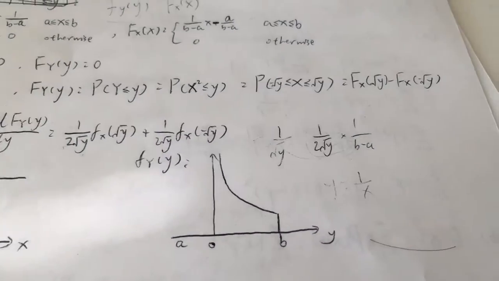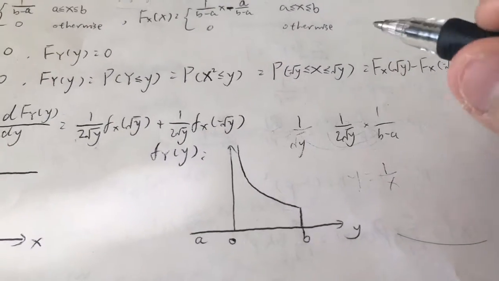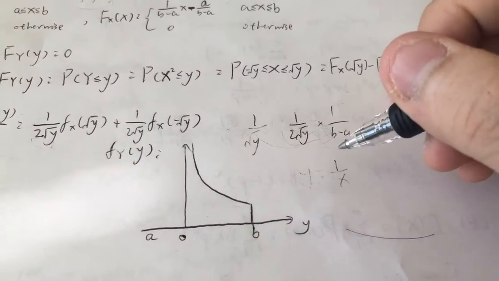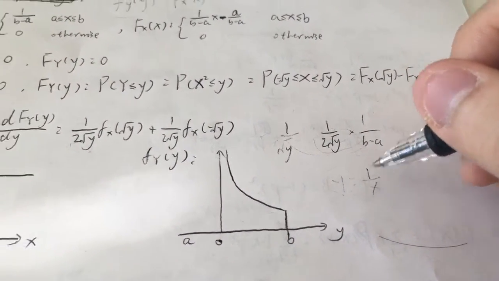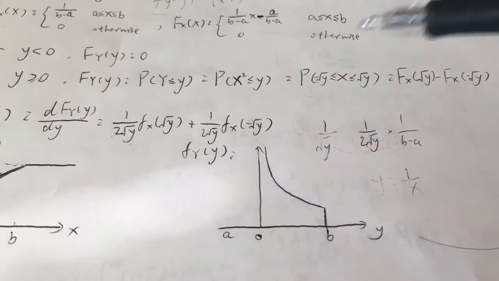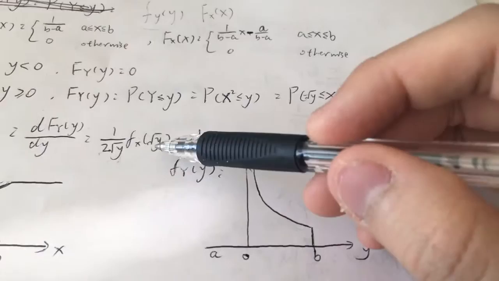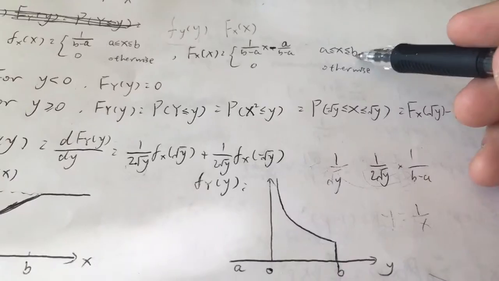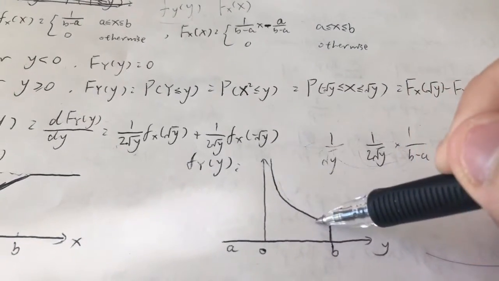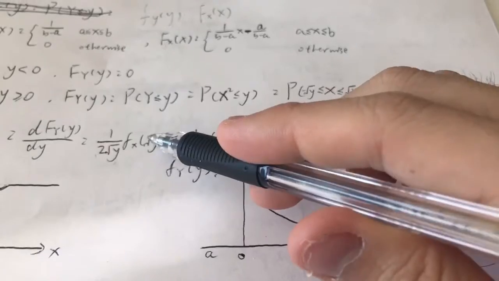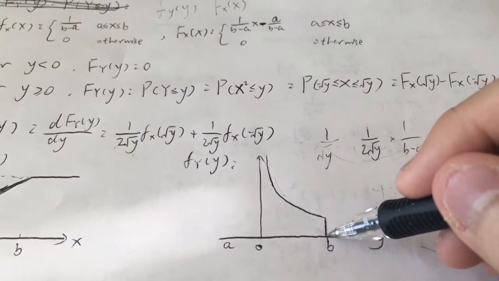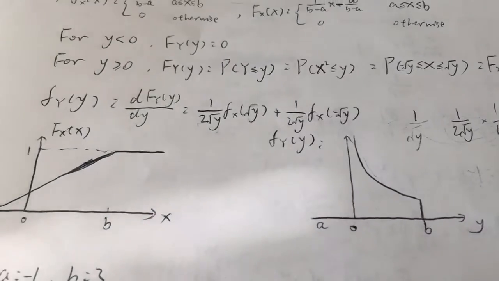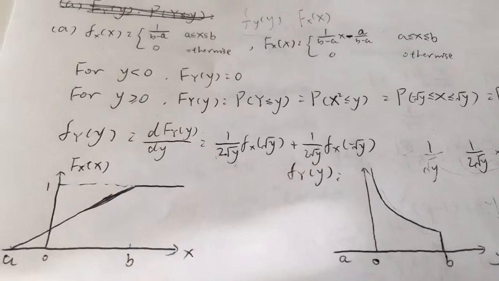No matter what the result is, the picture should look like the function y equals 1 divided by x. When y under the root sign is in this scale, the picture is like this. But when this is larger than b, it should be 0. So it's like the impulse response.